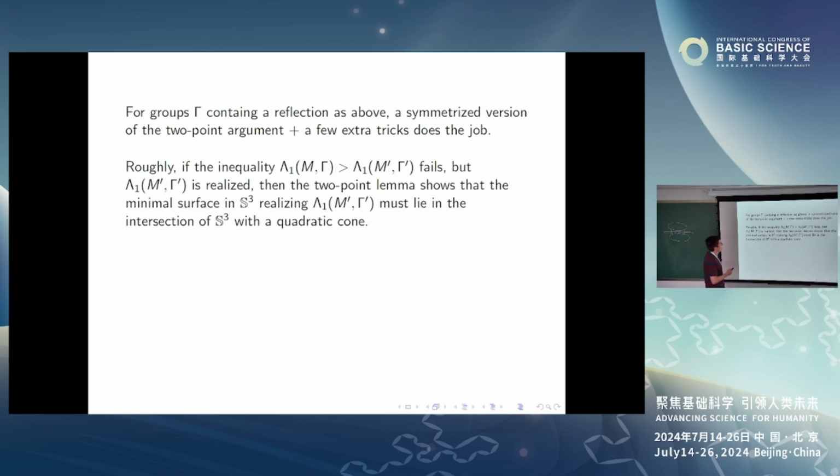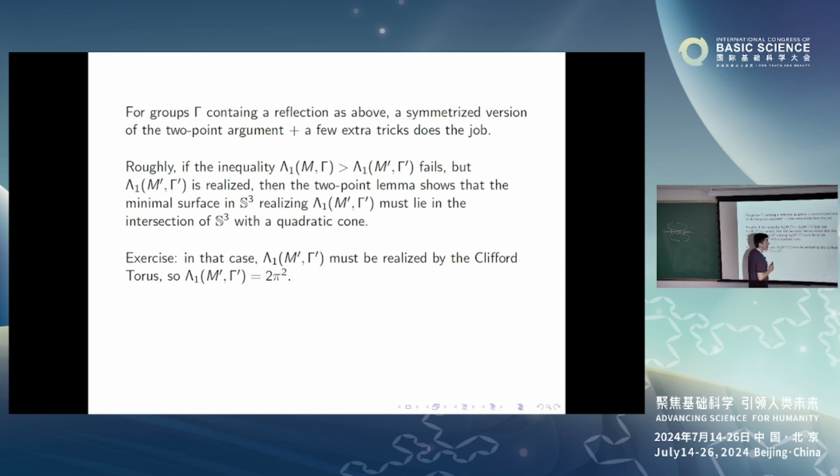Okay? And if we have such a minimal surface, which is the intersection of S3 with some quadratic cone, it's an exercise to see that it has to be the Clifford torus. Okay? So it's the Clifford torus. Then we know what this lambda 1 is exactly. It's 2 pi squared. Actually, no, there's an extra 2, so it should be 4 pi squared.